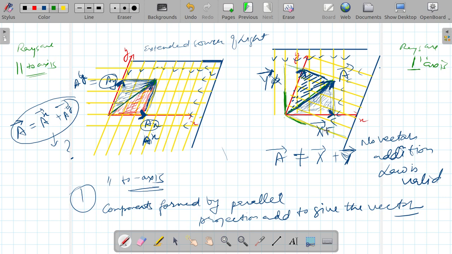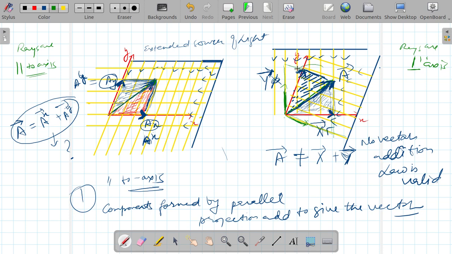That means if I choose these two as basis directions, then this will become a parallelogram. Otherwise it will not become a parallelogram. That means if I make use of this thing, then that might help us.